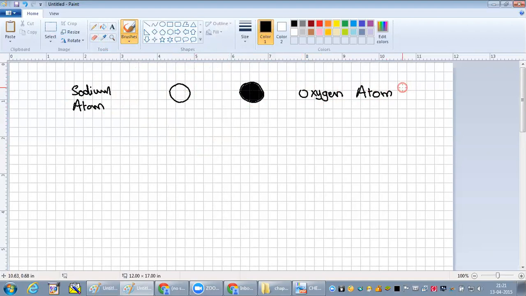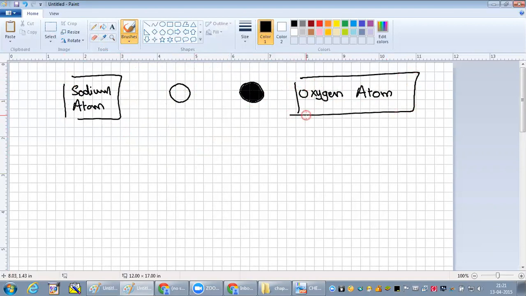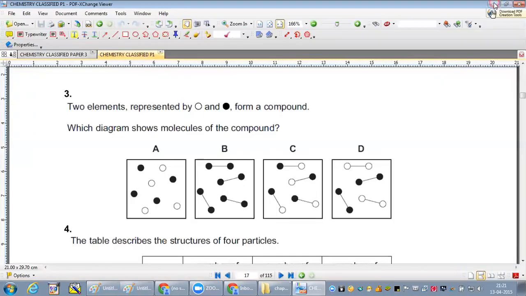Draw the structure in which a sodium atom has combined with an oxygen atom. First of all, for this we will have to get the electronic configuration. For that you will have to look into the periodic table.